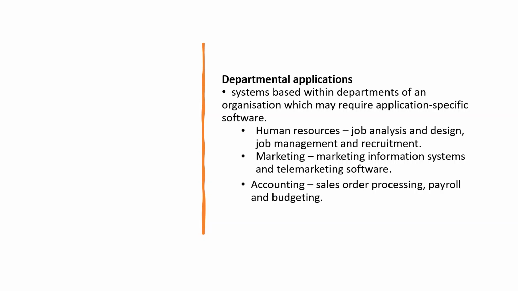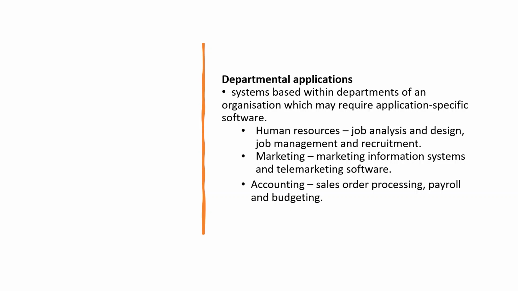Lastly, we can have what we call departmental applications, that is systems based within a department of an organization, which may require application-specific software. So they may be custom made according to the organization. For example, for human resources, we can have job analysis and design, job management, recruitment.